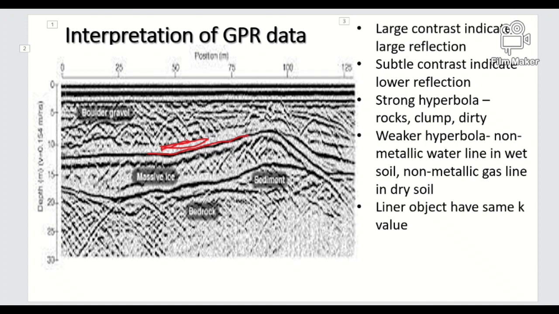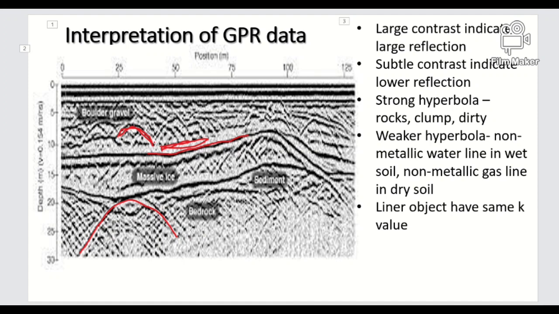Here we can see a strong hyperbola, and here is a strong hyperbola, which can be a rock, a clam, any debris material, or any underground structure or conduit.